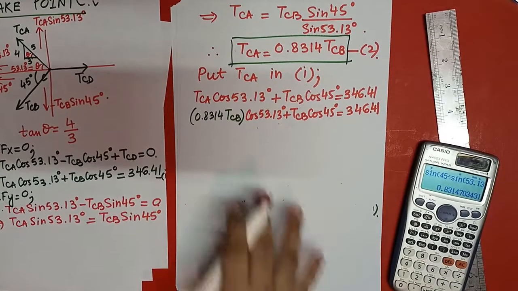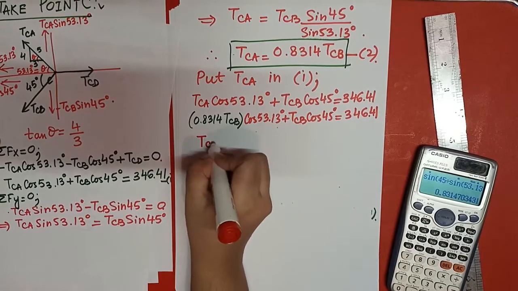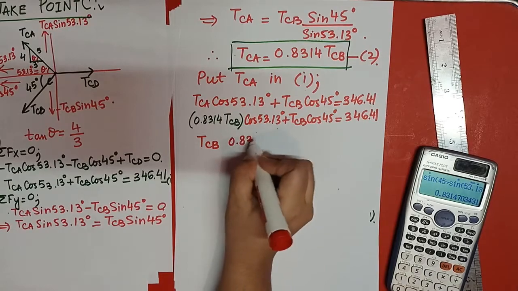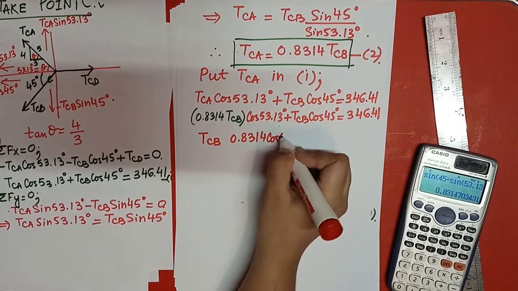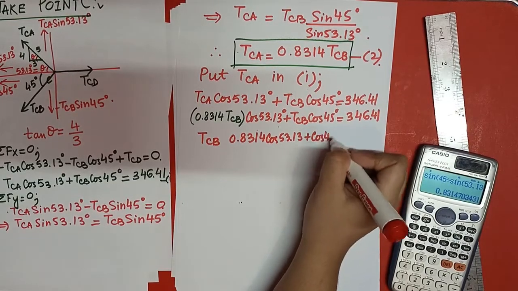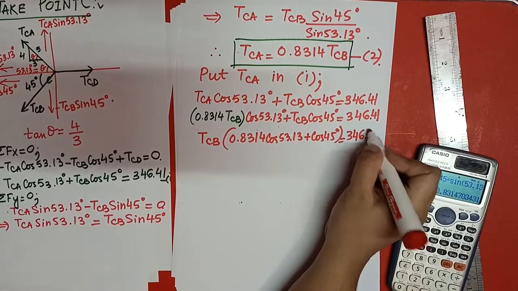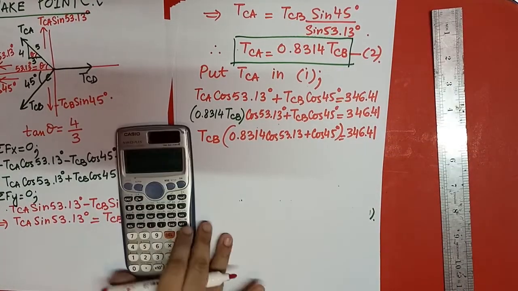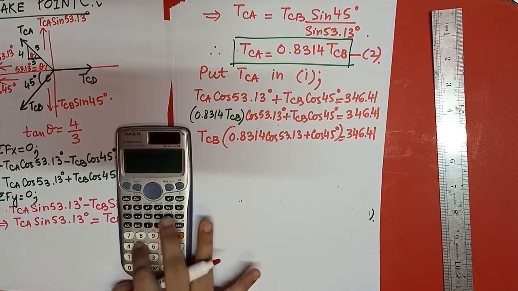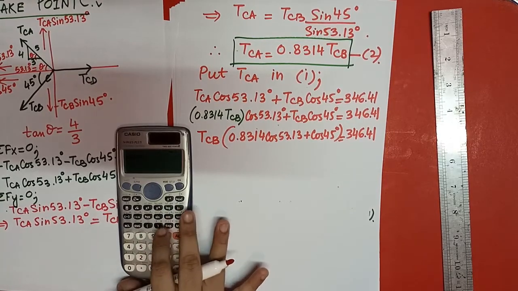So what I have to do next, I have to take TCB from this equation, and this is 0.8314 cos of 53.13 plus cos 45 degree. So you have to multiply it first, 0.8314 should be multiplied by cos 53.13 plus cos of 45 degree.